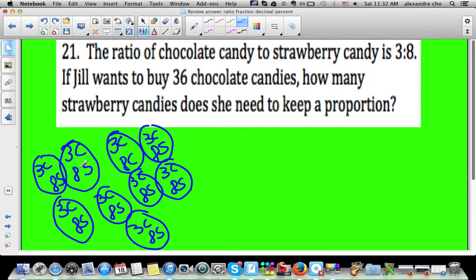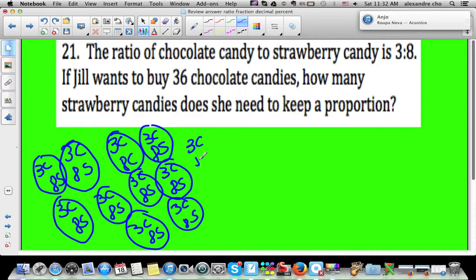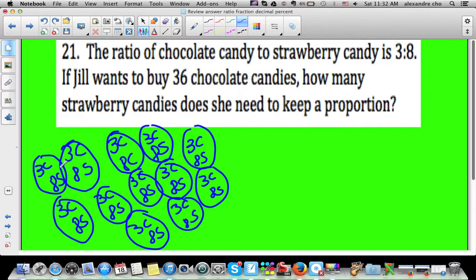Let's see how many I have. 3, 6, 9, 12, 15, 18, 21, 24, 27, 30, 33, and finally 36 chocolates. If you count all the C's, each group had 3 chocolates, and I will have 36 chocolates here.